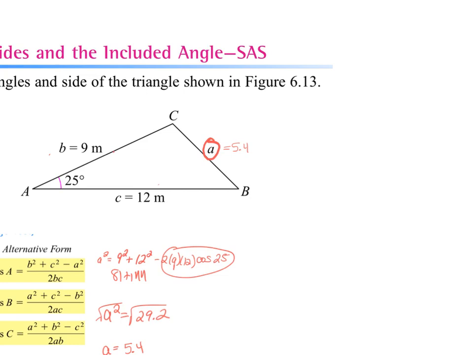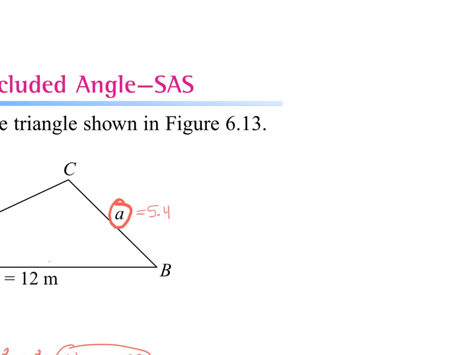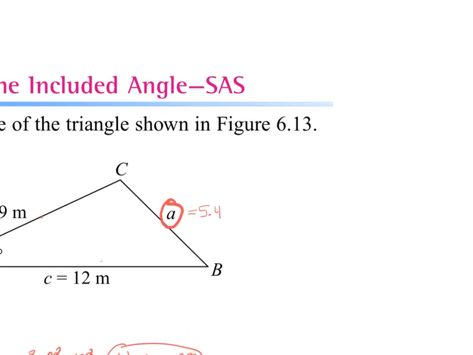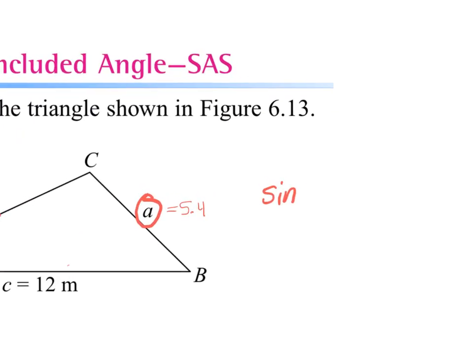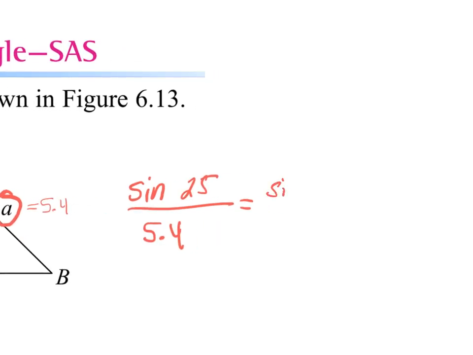Angle B? Okay. So if I find angle B, I'm going to say sine of 25 over 5.4 equals what? Sine of B over 9.